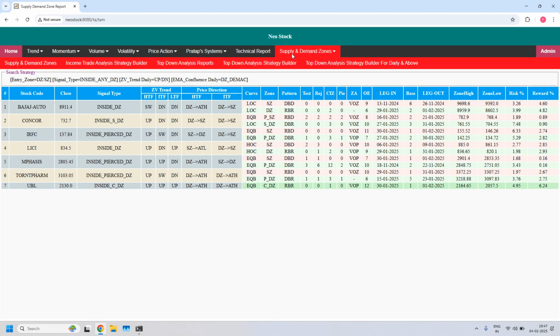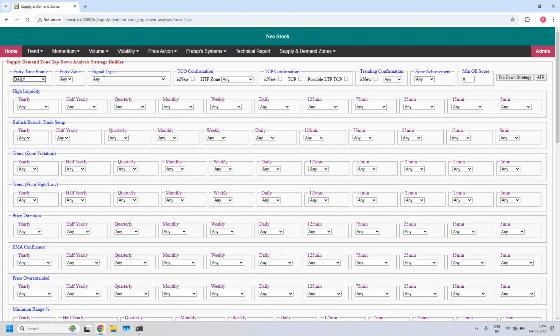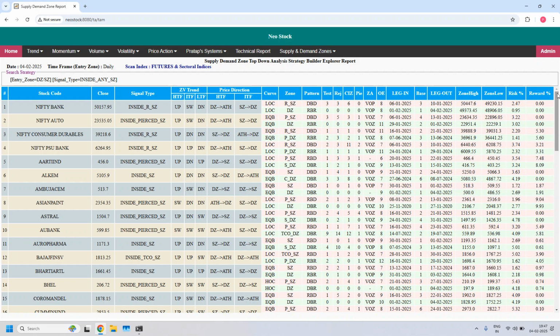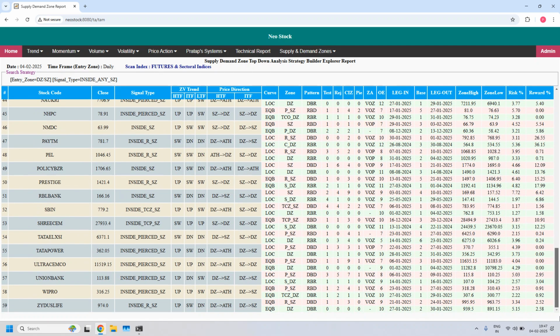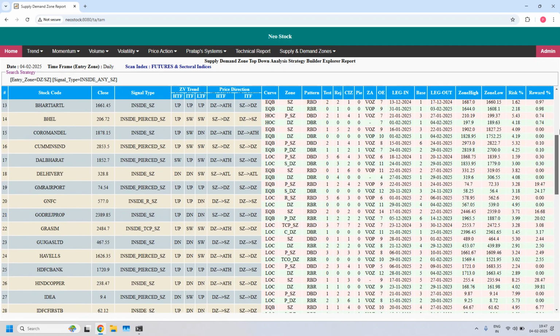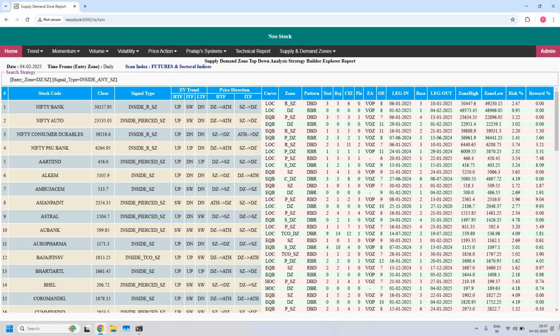Okay, next, daily time frame. Price closed inside the daily supply zone. We got a big list. We got 59 stocks. So first 15 stocks in the list. Let me quickly scroll the list down so that you can refer any of the stocks you like.